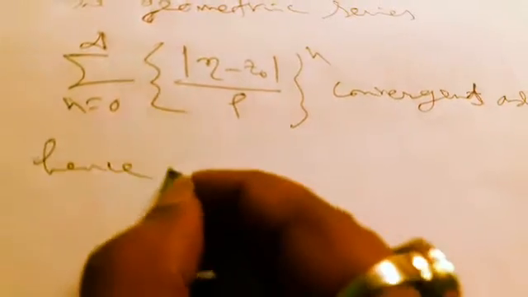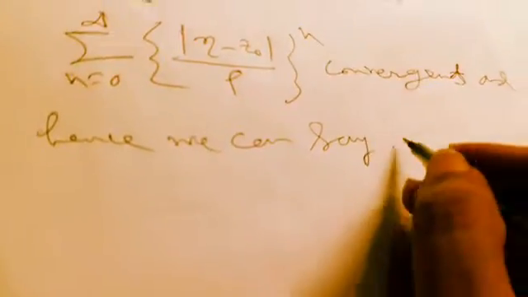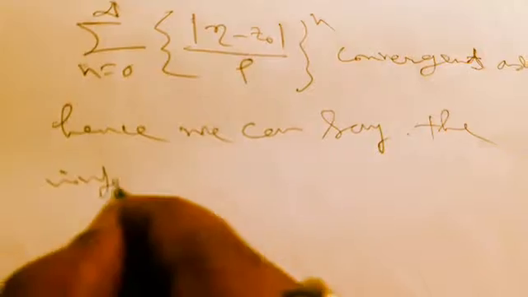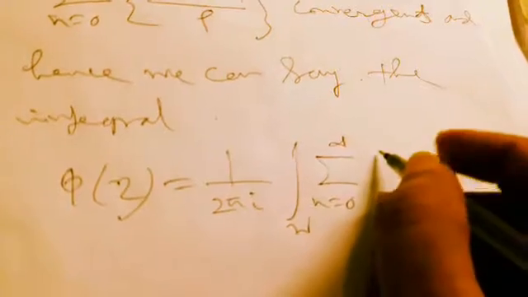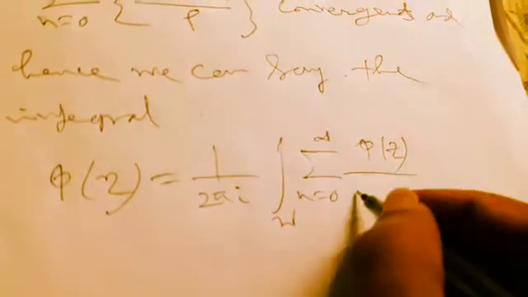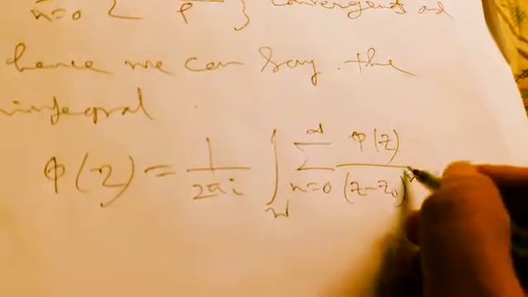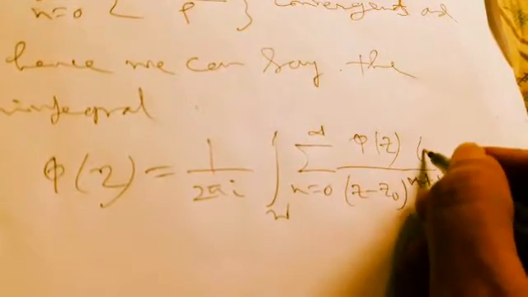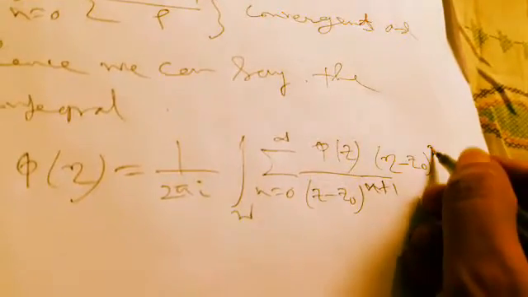Hence we can say phi of eta equals 1 by twice pi i integral over gamma, as we wrote previously, of the sum n equals 0 to infinity of phi z by z minus z0 whole to the power n plus 1 times eta minus z0 whole to the power n dz.